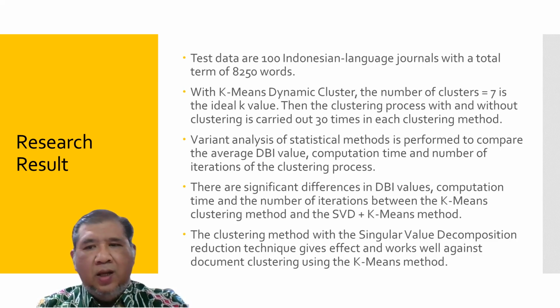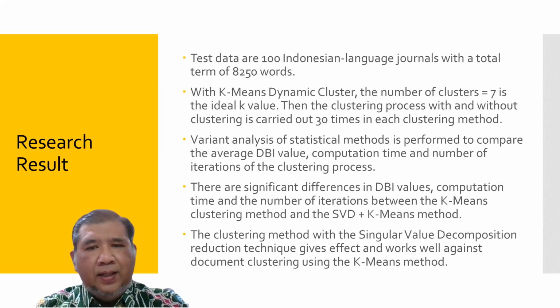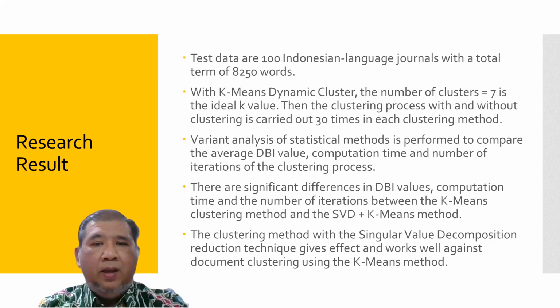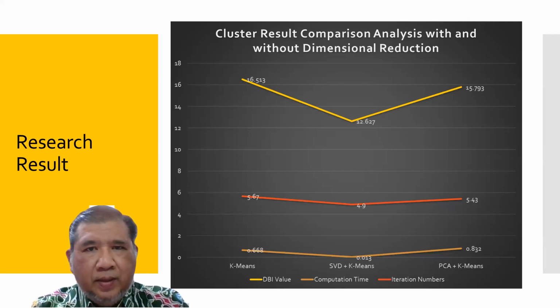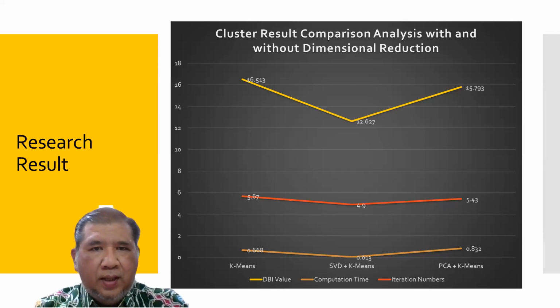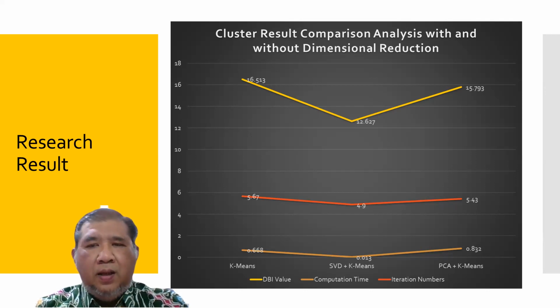For the last conclusions, we find that the clustering method using the singular value decomposition reduction technique gives a better effect than PCA against the K-means method. Here the diagram shows the DBI value for K-means, and then the DBI value drops when reduced by SVD, but PCA reduces DBI a little bit lower than K-means only, but the difference is not significant.